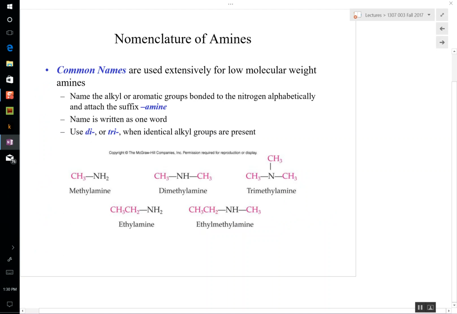Okay, nomenclature of amines is going to be a little bit of a challenge if you're like any of my other classes. So I'm going to make some provision for that and also some recommendations. The one thing that complicates it a little bit is there is a common way of naming amines. Simple amines can be named with a simple name or common name.